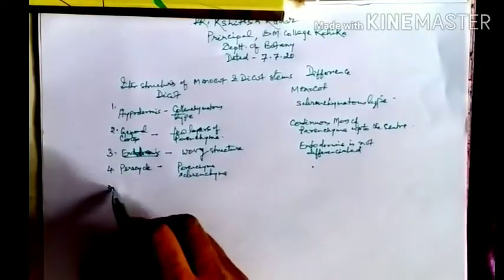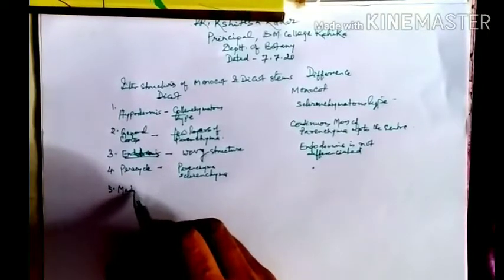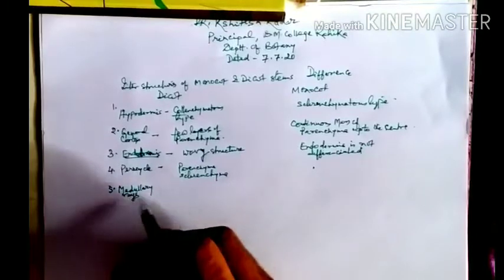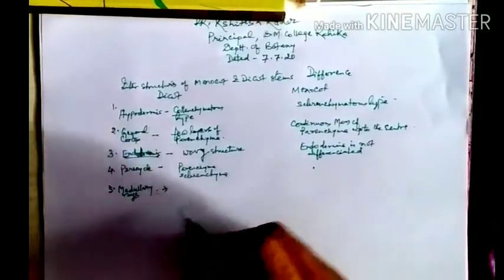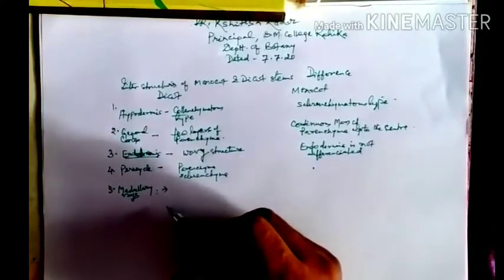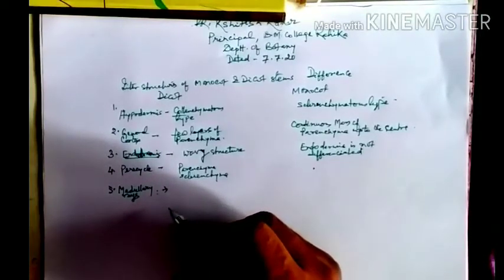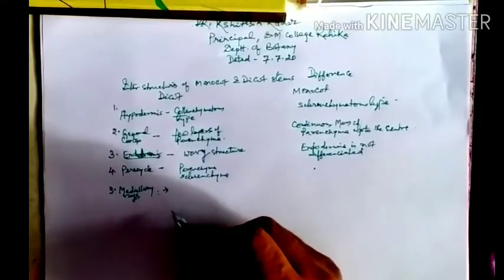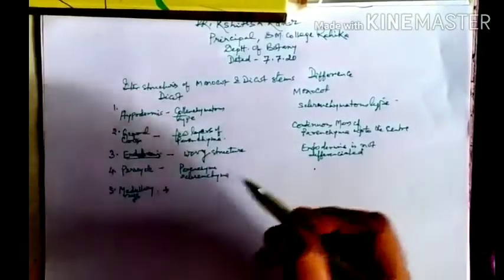The fifth is the medullary ray. As we have studied, these are the cells which are found between the strips of vascular bundles, in between the vascular bundles.